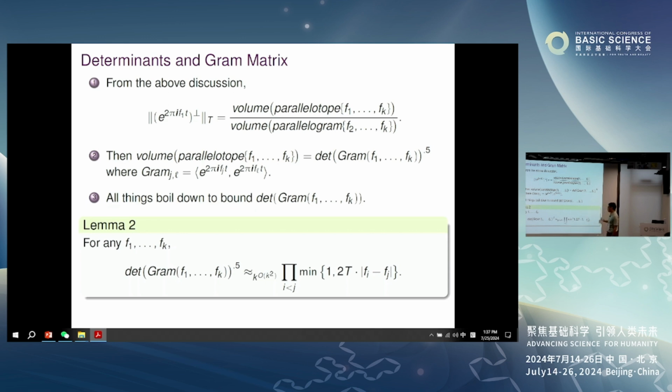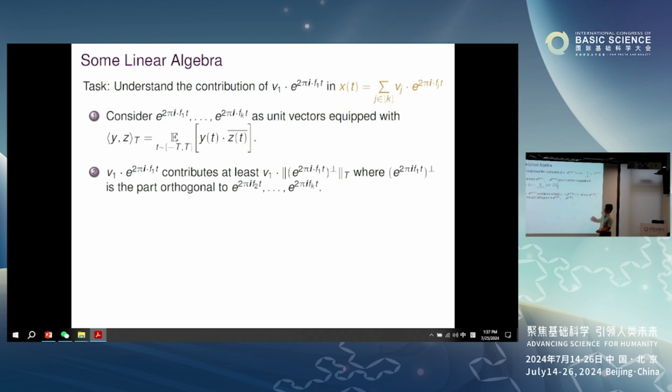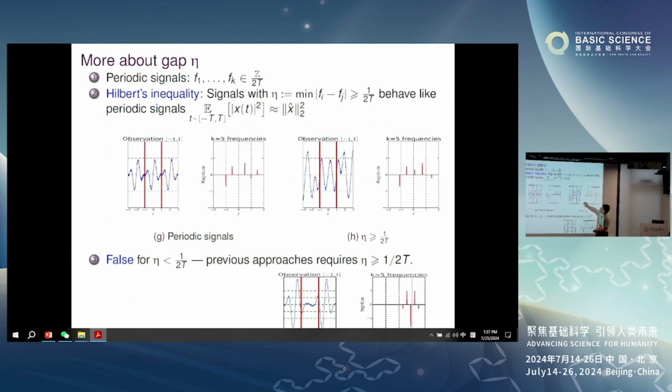Recall that Hilbert's inequality is saying that when all the frequencies have gap greater than 1/2t, this product is greater than 1. So they are basically orthogonal, and you can have this relationship.